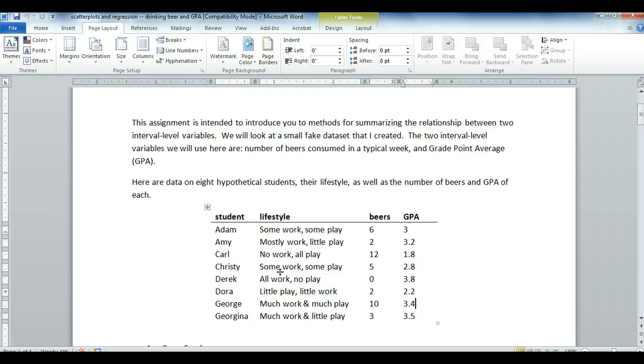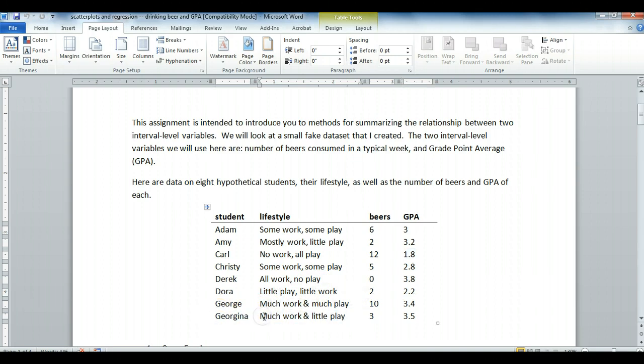So you can see that here. If we look for the person who is all about play, which is Carl, he drinks 12 beers a week, and his GPA is below 2, which is the threshold for being on academic probation at William Paterson. Then you take someone like Georgina, sort of the opposite.